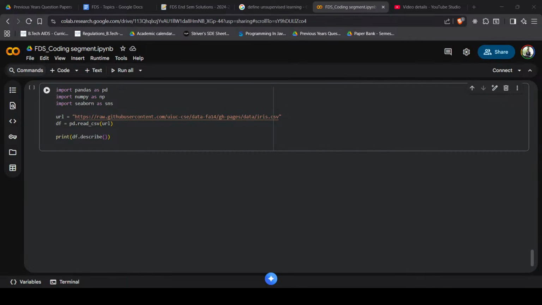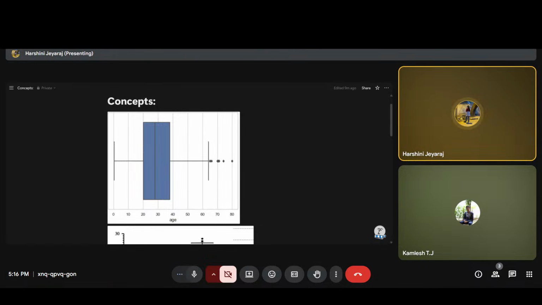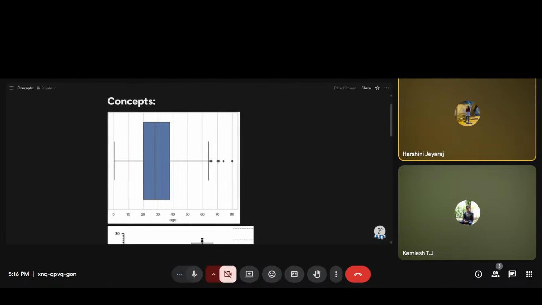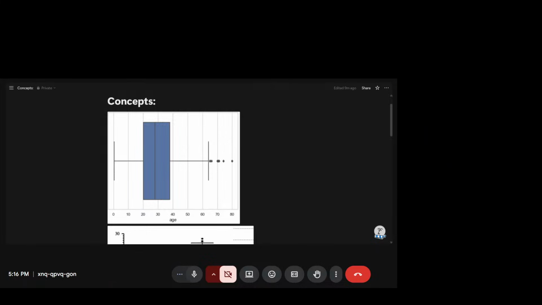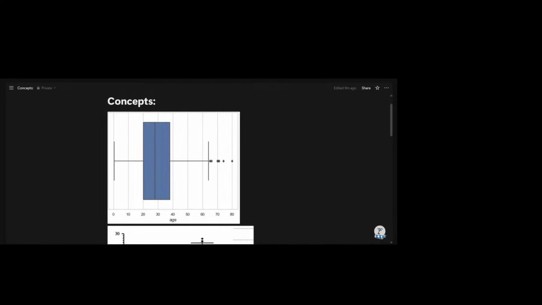Then your feature selection, your filter and wrapper based methods, your perceptron, linear and logistic regression. All of these will be covered under the requested concepts part of the session.